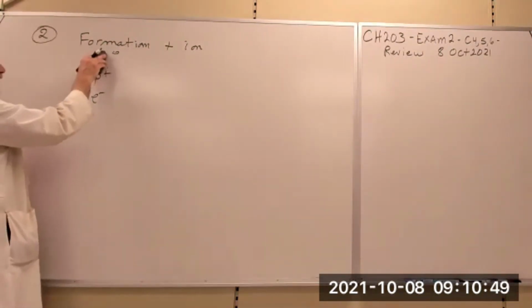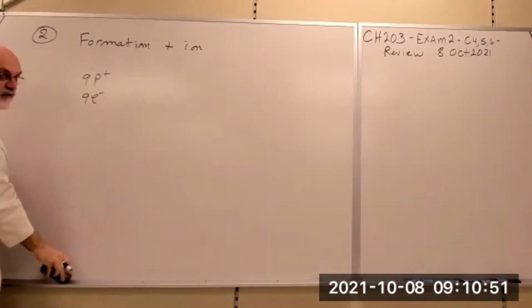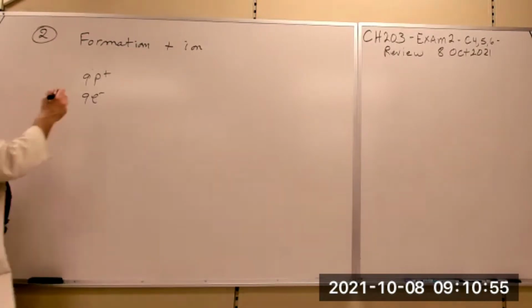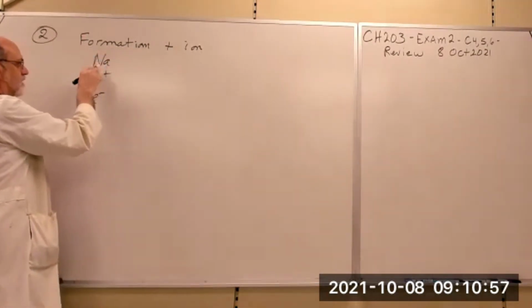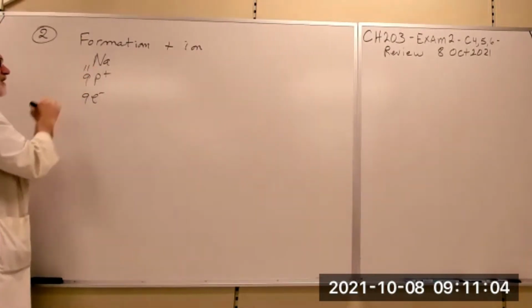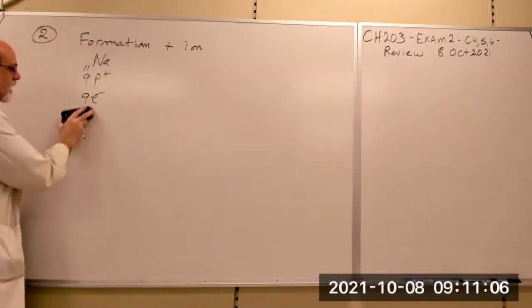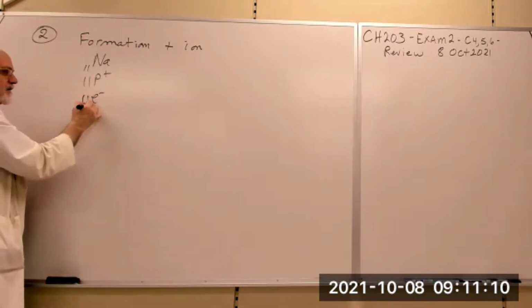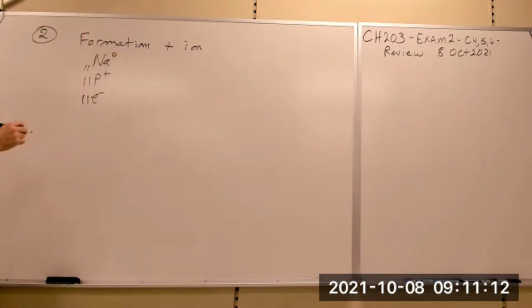They like to gain electrons. So I need to pick a better example. How about sodium? How many protons does it have? 11. So now we have 11 protons and 11 electrons for the neutral atom.